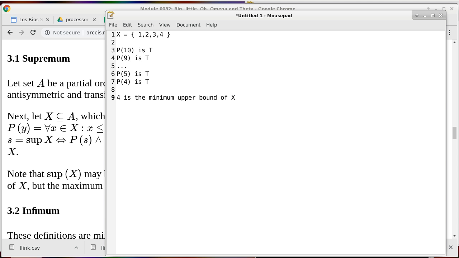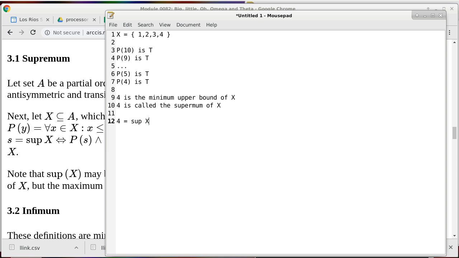So within everything that can make the predicate P true, this is the smallest. Is that good so far? So we give it a special name. Okay, so 4 is called the supremum of X in this case. In terms of notation, we say 4 is SUP, for supremum, of the set X here.